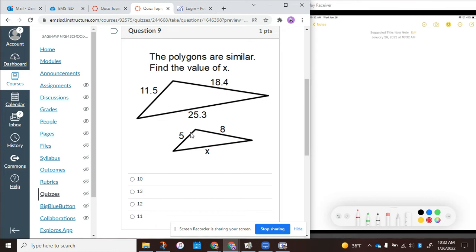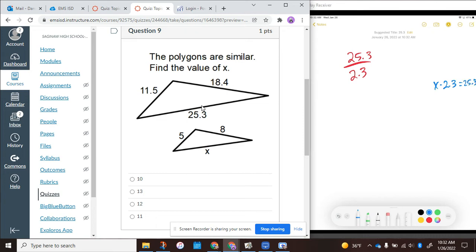Okay, go back to our scale factor of 2.3, going from the small one to the big one. We're going to take that 25.3. Instead of multiplying times the scale factor, we're going to divide by the scale factor because that's what would work for us. Okay, we know that x times 2.3 equals 25.3.